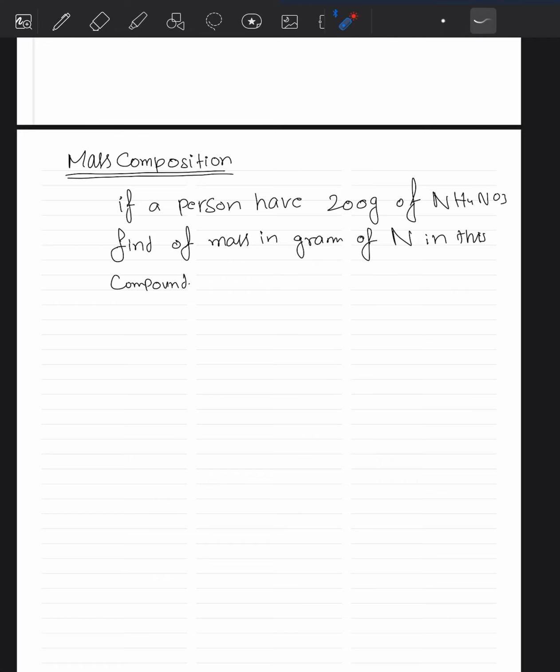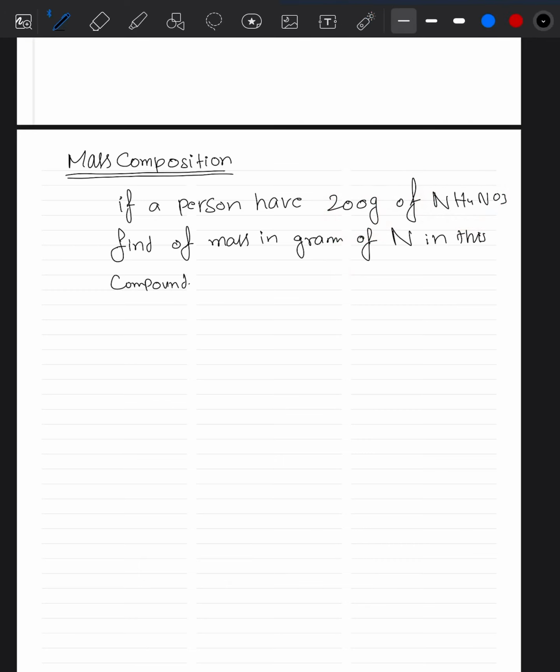So the question says that a farmer has a fertilizer of 200 gram of ammonium nitrate, and he wants to find out how many grams of nitrogen are present in 200 gram of ammonium nitrate. This is the point where we use the mass composition.